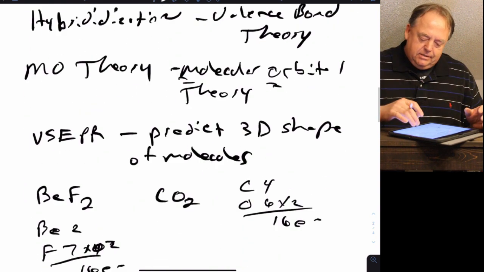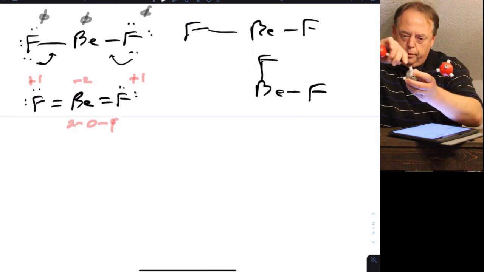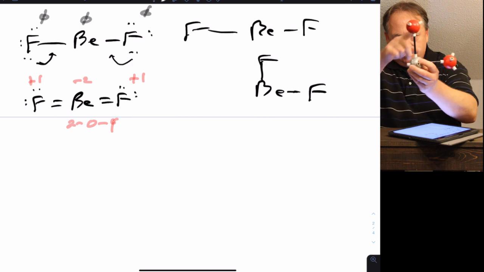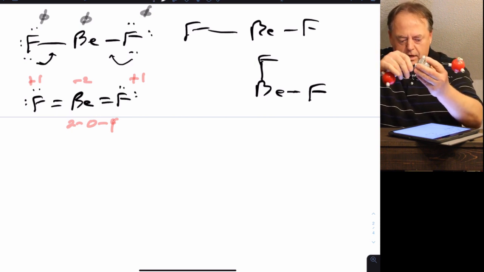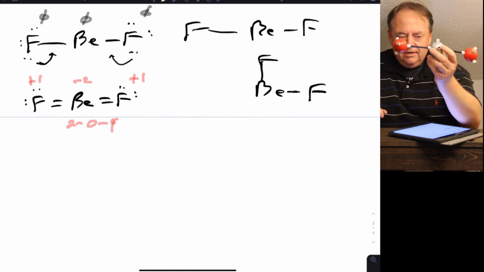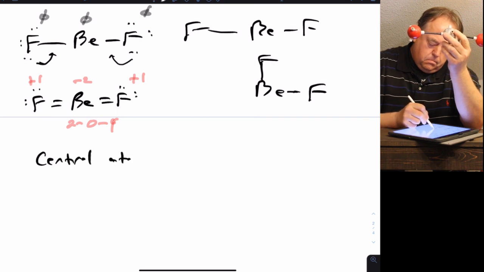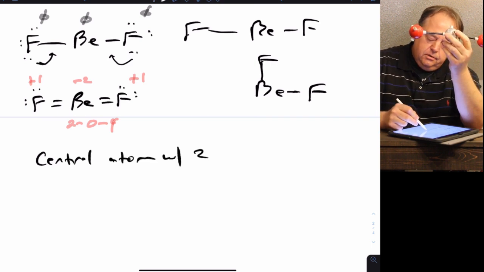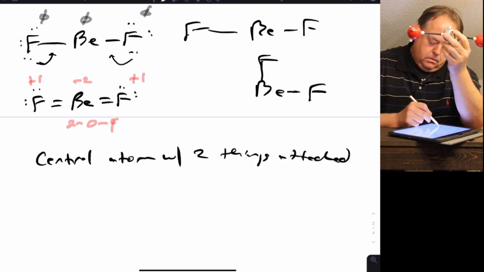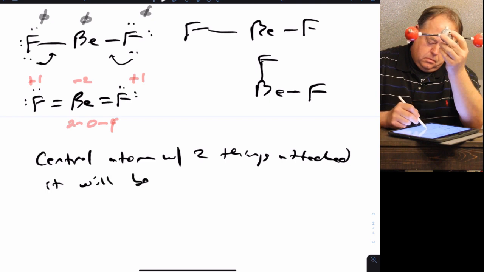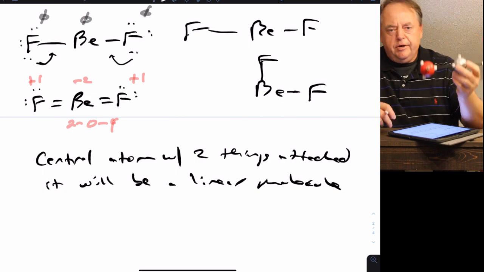And so if you want to maximize the distance between electrons, then you would put the 2 fluorines not 90 degrees to each other, because then the electrons are too close in space. You would put the 2 fluorines 180 degrees apart. So if you have a central atom with 2 things attached, then it'll be a linear molecule.